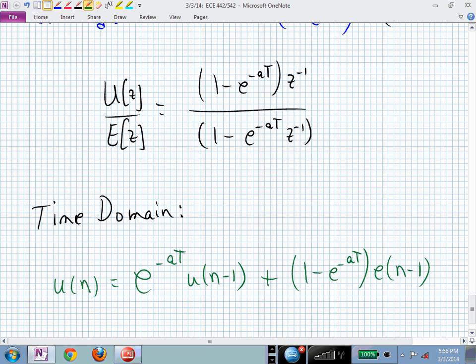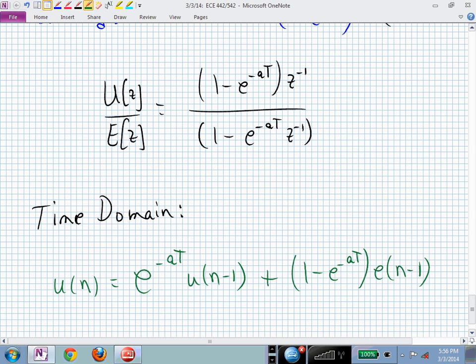Now I have a gain scaling the input one time step into the past. And I don't need the input at the present time. E of n is no longer there. And that's because I eliminated one of those zeros at infinity, or eliminated that one factor z plus 1.